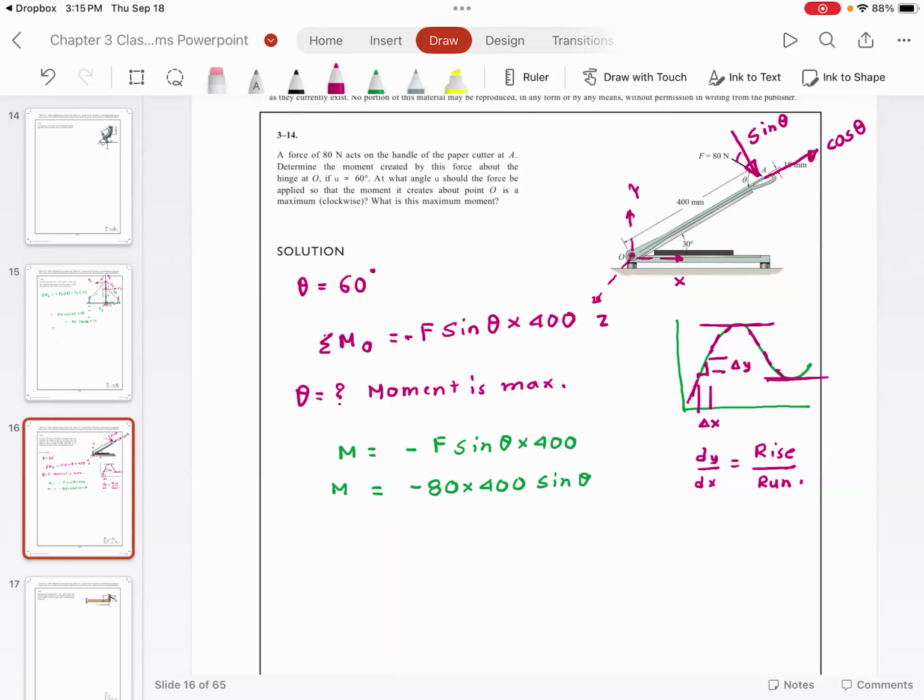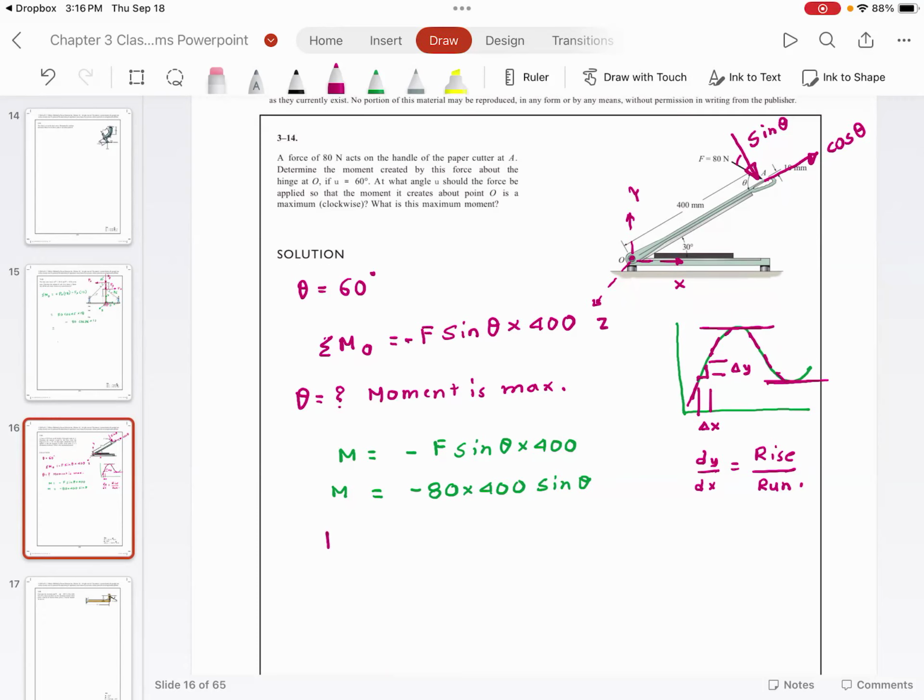And unfortunately, this is an engineering perspective of mathematics. So you will find the derivative, equate it to zero. Whatever answer you get, this is the extremum. But if you want to find out whether it's a minima or maxima, you find the slope of the slope, it means d2x by dy square, and then find its value at that location, and that should tell you whether that is maxima or minima.